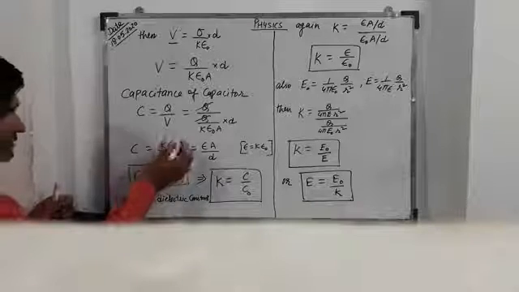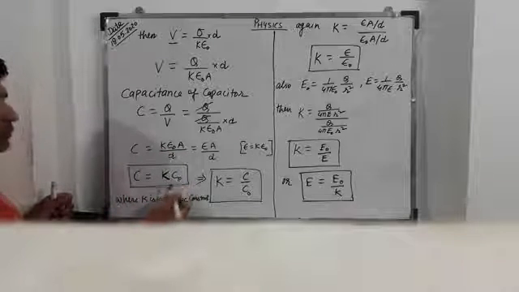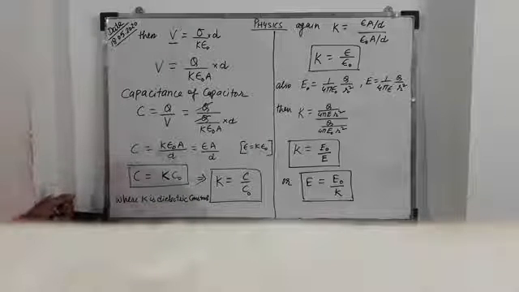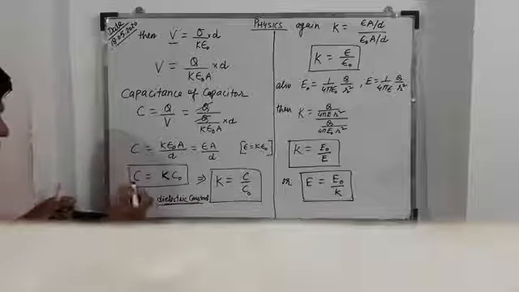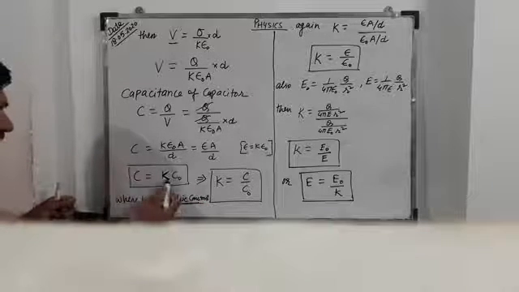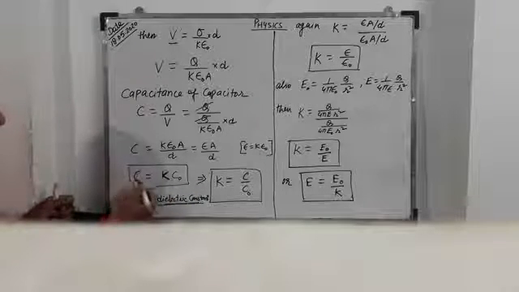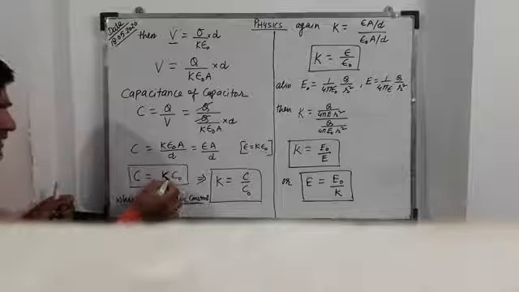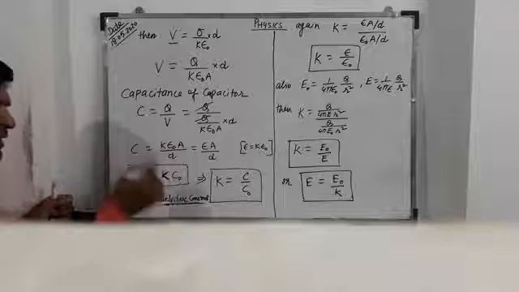Then epsilon naught A upon d is the value of C naught. So C is equal to k C naught, where k is the dielectric constant. So when a dielectric is inserted between the plates, the capacitance is increased by a factor k.